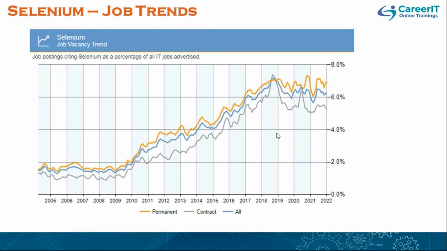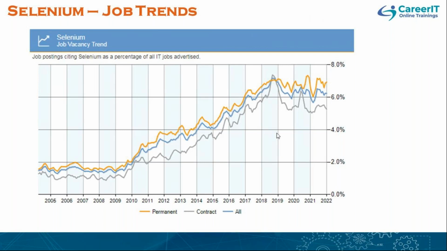I'm going to show you some job trends or some interesting surveys done on Selenium, which will give you some details about Selenium trends. Okay, so this is one of the surveys done by one of the job portals like Naukri. We have different job portals, right?